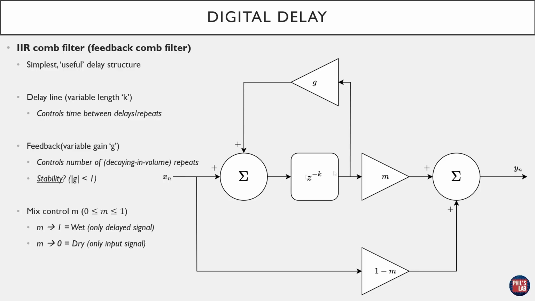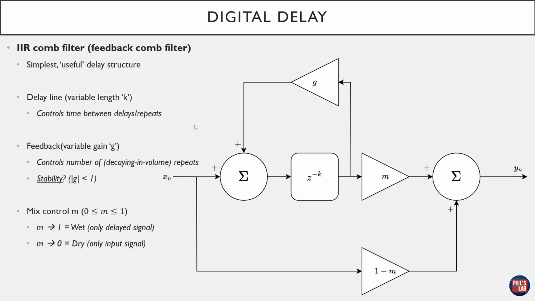So therefore, there's this feedback structure which forms this IIR comb filter. The feedback is also variable. This number g we can control as well. And again, this was the control on the TC Electronic Flashback that essentially controls the number of repeats, and these will be decaying in volume. Because now we have feedback in this structure, anytime we have feedback, we have to be cautious of stability.